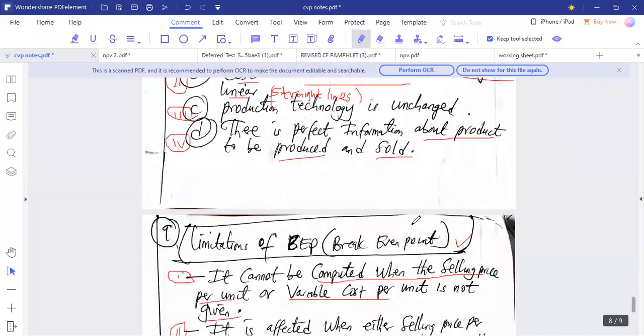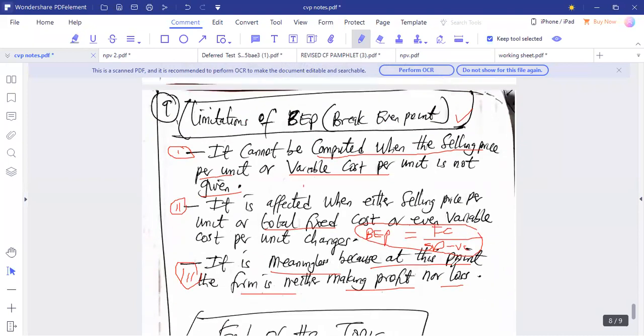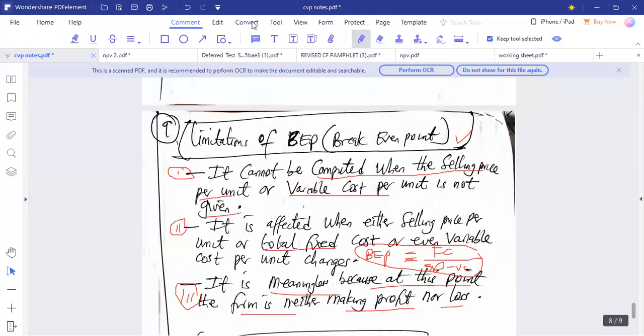And then it cannot be computed when the fixed cost is not given, because we know that at BEP we have the fixed cost over the selling price per unit minus the variable cost per unit. At this point it is also meaningless because the firm is neither making profit nor loss, so the work done by management is equal to 0.